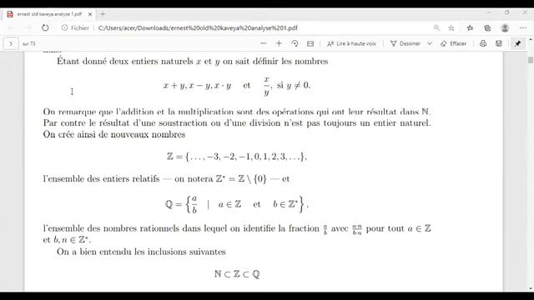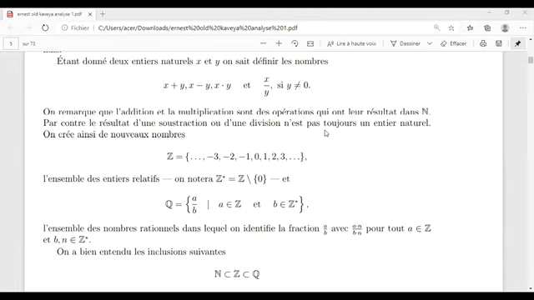Okay? Donc, on remarque que l'addition et la multiplication, l'addition ici et la multiplication qui est ici, sont des opérations qui ont le résultat d'un nombre entier. Par contre, le résultat d'une soustraction ou d'une division n'est pas toujours un entier.